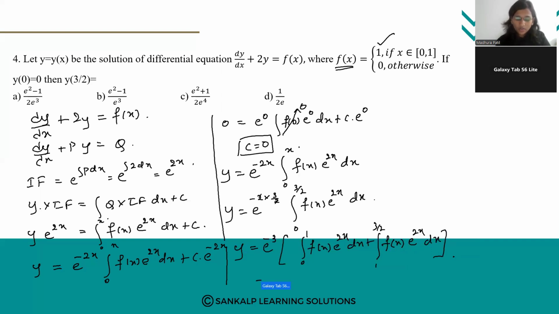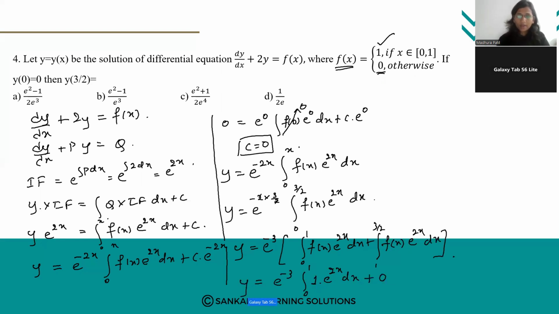So since this limit is from 0 to 1 and it belongs to 0 to 1, f of x is 1, so this would simply become e to the power 2x dx. And f of x is 0 otherwise, that is, outside of 0 to 1, so this part would simply become 0.